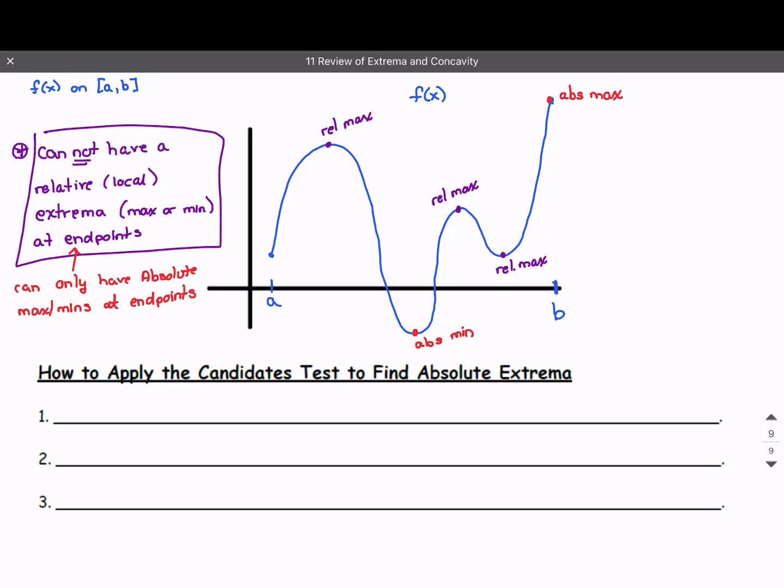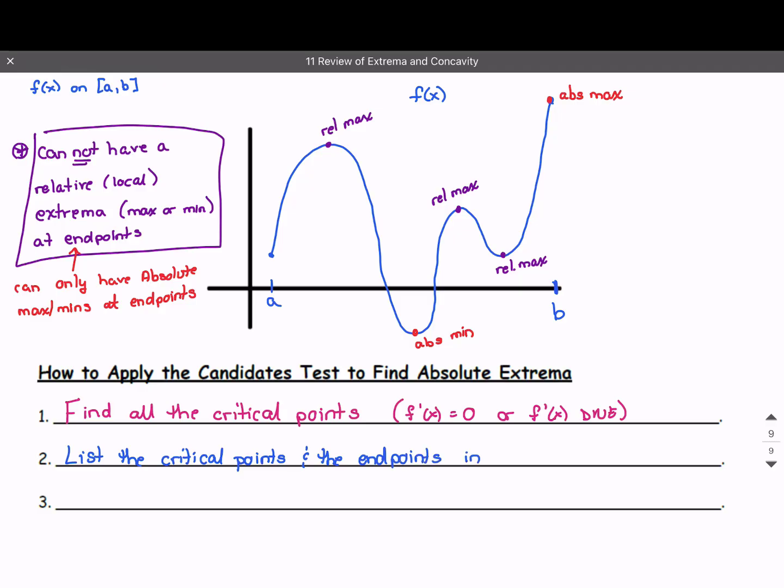So how do we apply the candidates test to find the absolute extrema? First step is to find all the critical points. That's where f prime of x equals 0, or f prime of x does not exist. Next step, you're going to list the critical points and the endpoints in a table.